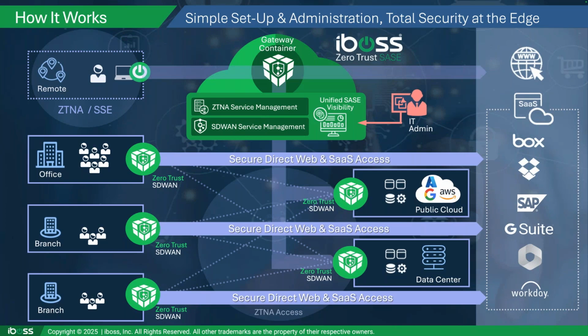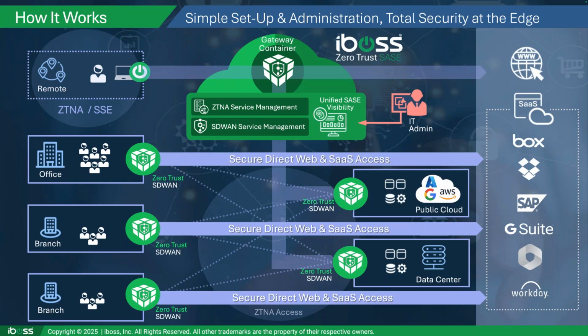Maybe if they're going to a private application in the organization's data center, maybe it's an application that just can't be moved to public cloud, or the organization doesn't want to, then they're going to use our ZTNA. But whatever method we use to connect a user to a resource, it's transparent to the end user.